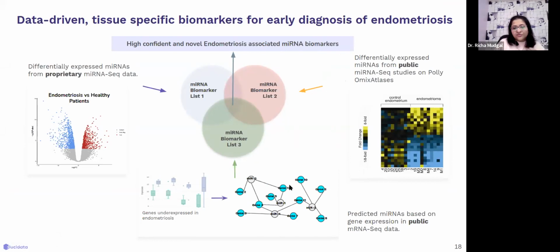They also used some of the predicted genes, the transcriptomic genes, and found the upregulated and downregulated genes from there, where they could map them to predict the mRNAs and get another list of microRNAs. From the combined results of these, they were able to identify some high-confidence and even a few novel biomarkers for endometriosis in their study.